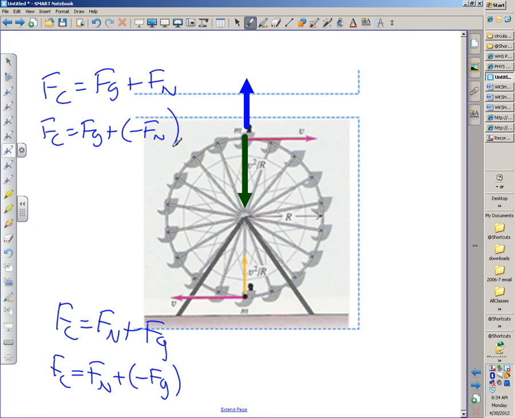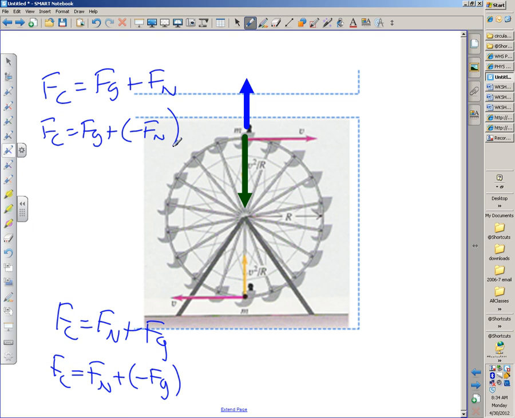Two, how would it now compare to the gravitational force? It's got to be smaller. And then we say that F of N, or the apparent weight, is less up at the top because the normal force doesn't push on you quite as hard. And we said that's that sensation of the roller coaster when you're going over the hill. You get that sort of floaty feeling as you're going over the top.